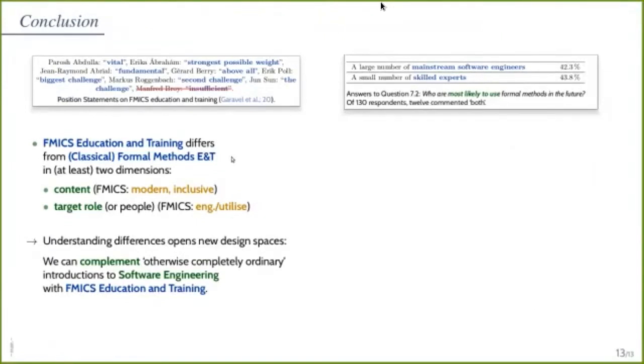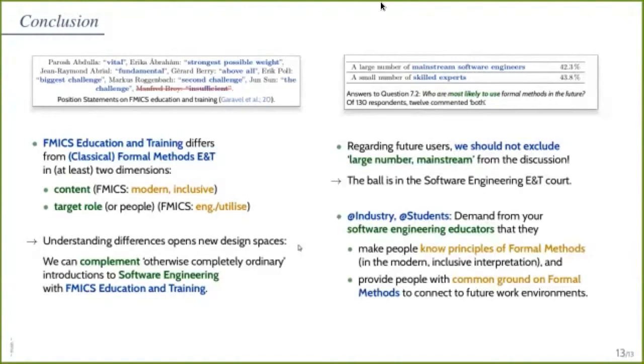The good thing is that the discussion of differences opens up new design spaces for courses. It is feasible to provide a good part of Fmics education in an otherwise completely ordinary introduction to software engineering, actually in a quite natural way. And this, in my strong opinion, is exactly where it belongs.